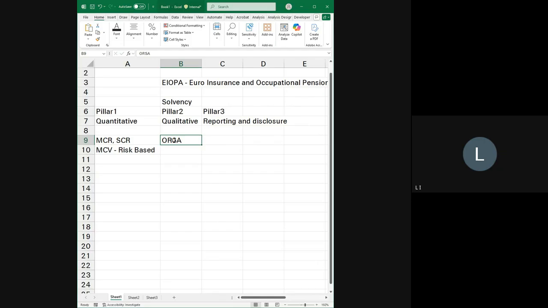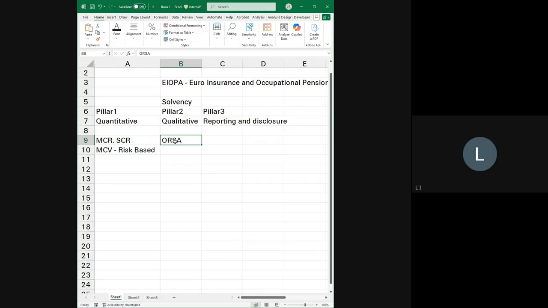So they list down all the risks that they're exposed to, then the risk management controls they have put in place, and then how the MCR, SCR they have calculated in pillar 1 is sufficient to meet those risks, okay? So this is a review process, a governance process, a risk management process.